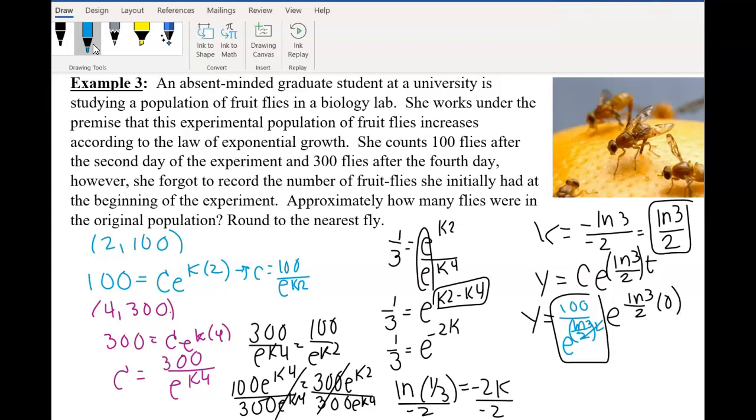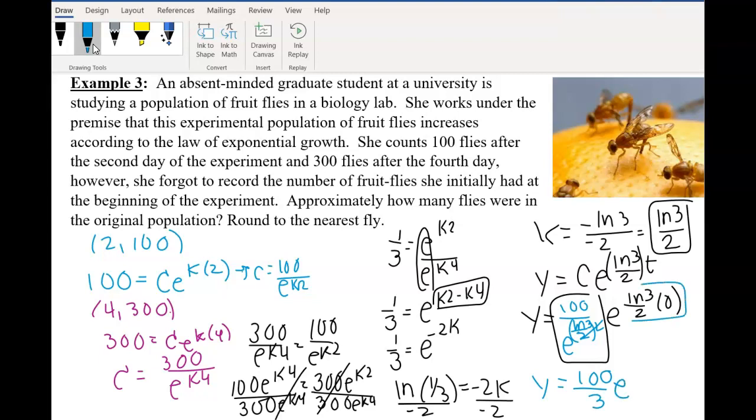What happens is I end up with 100 over e^(ln 3 over 2 times 2). So my 2's are going to cancel. I'm left with e to the ln of 3, which becomes 3. So this y equals 100 over 3.